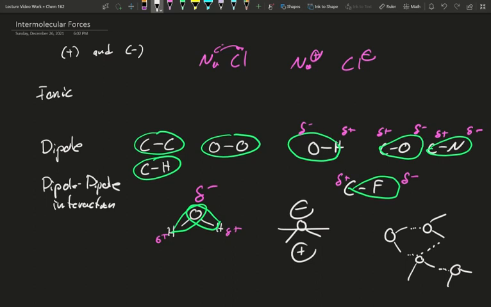Those residual charges from the covalent bonds forming can then interact with those residual charges on other molecules, either some of the same type of molecule or even just completely different molecules. In fact, in between these on the strength scale, you can have ionic-dipole interactions.